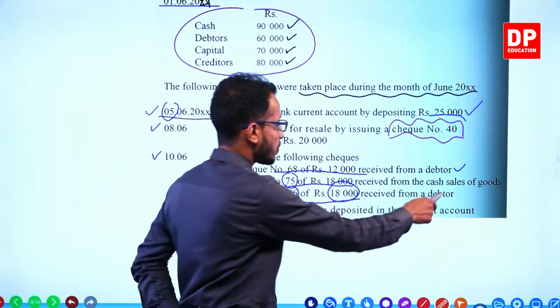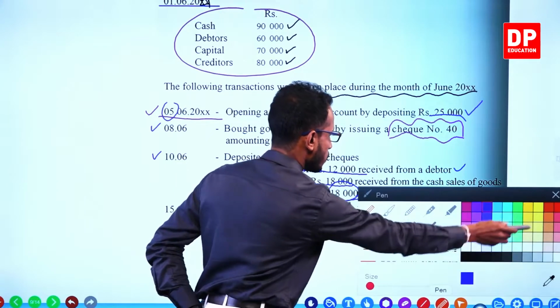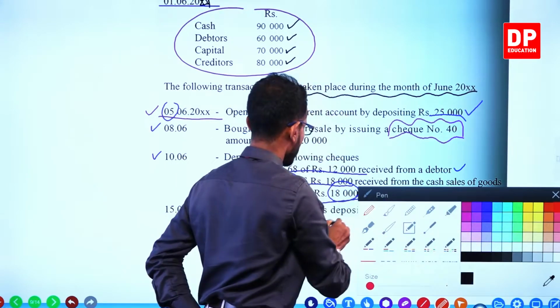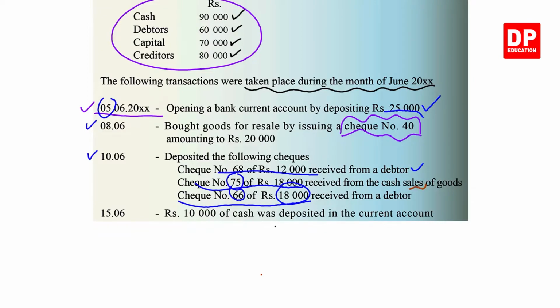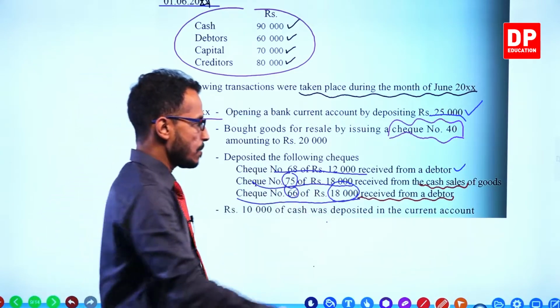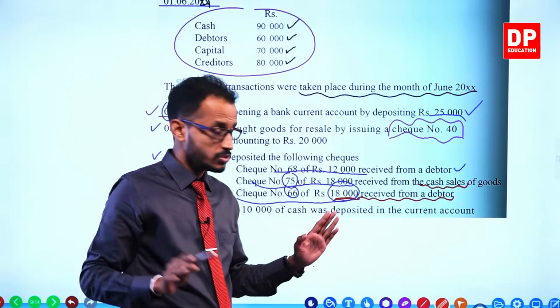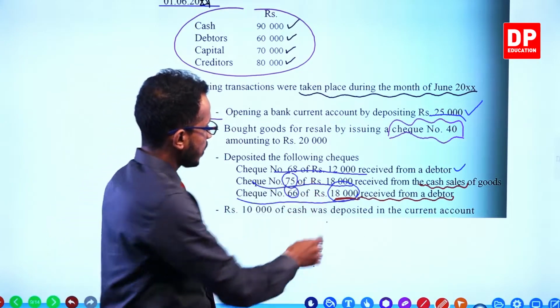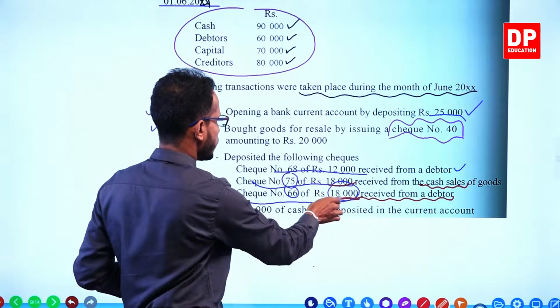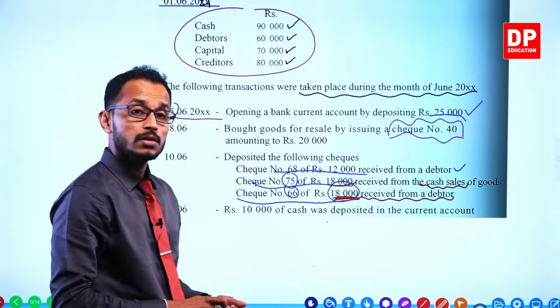The earlier check was received from cash sales, but this check has been collected from a debtor. But the same amount, don't get confused now. 18,000 above and 18,000 below. But 2 different checks.